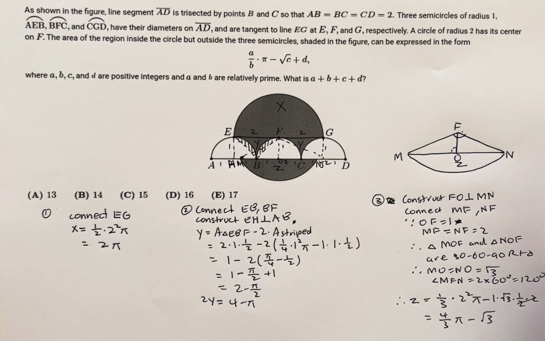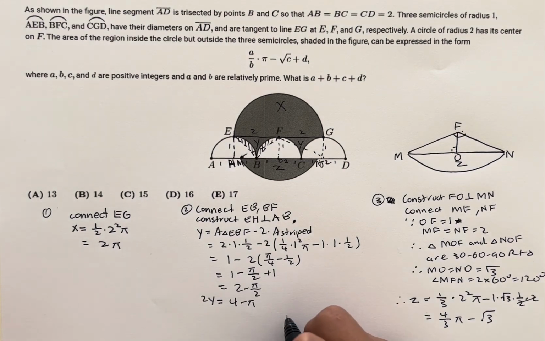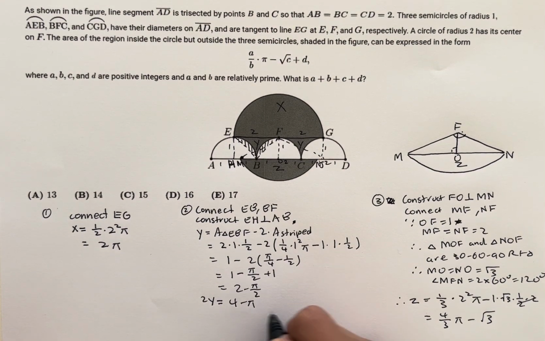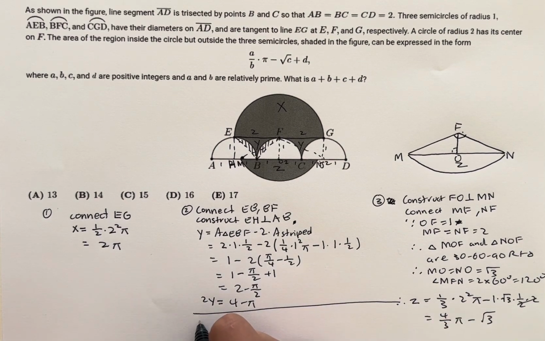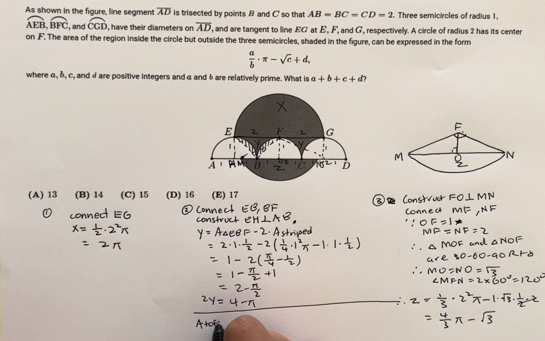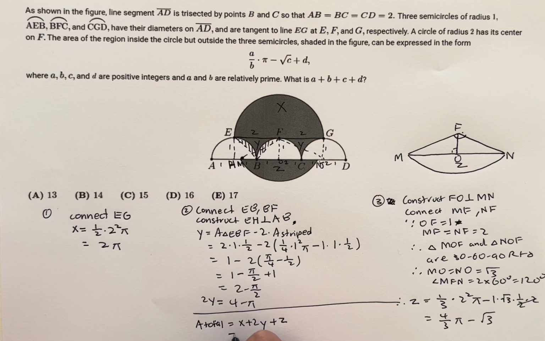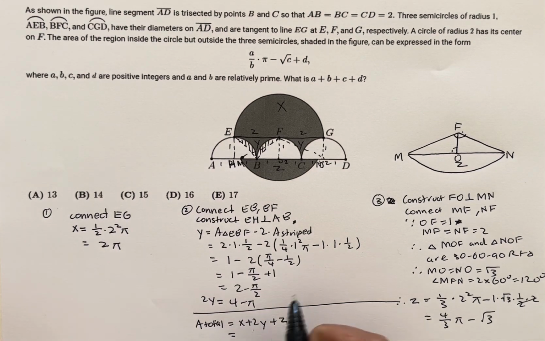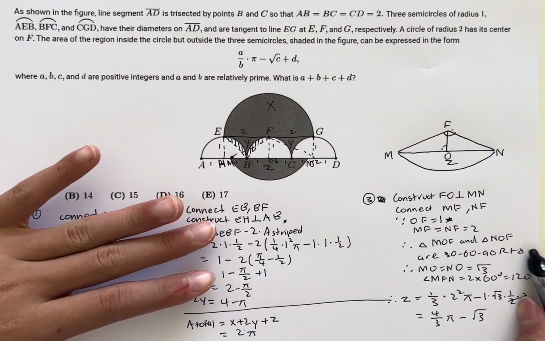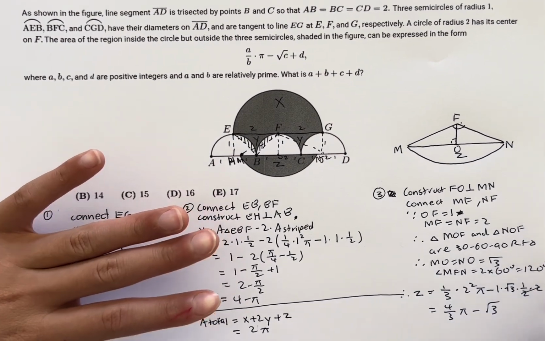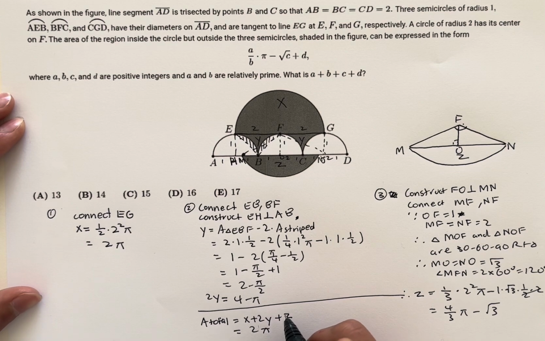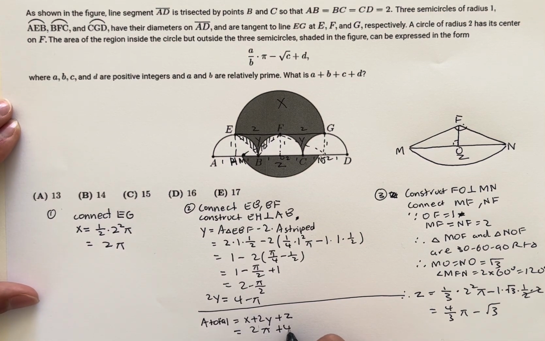Now that we have X, Y, and Z, we can find the total area. A total equals X plus 2Y plus Z, which equals 2 pi plus 4 minus pi plus 4/3 pi minus square root 3.